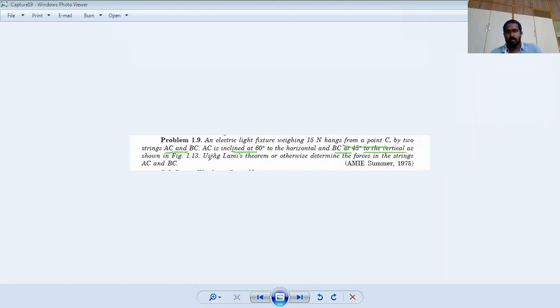Using Lami's theorem or otherwise, determine the forces in the strings AC and BC. This is the given problem.